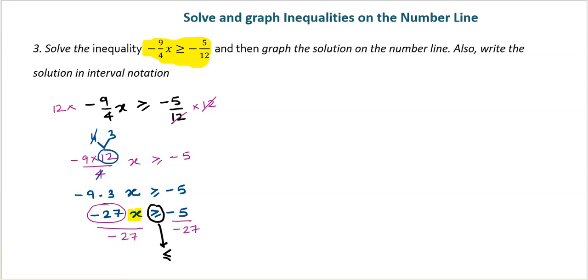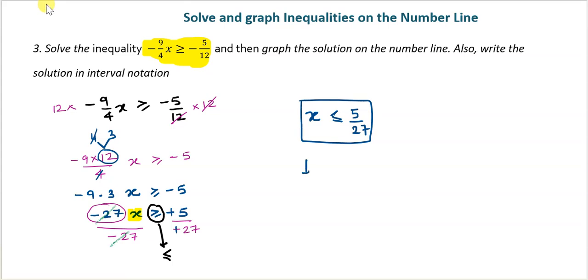You make it opposite. So what happened here? This minus 27 and minus 27 get cancelled. And then you will have x less than or equal to, the minus minus also cancelled, 5 over 27. Okay, so this is your inequality.